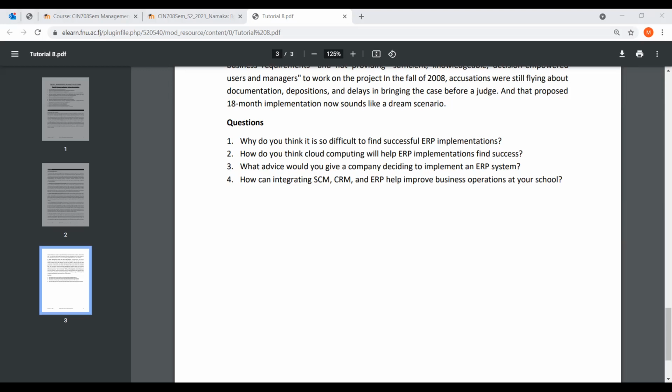Moreover, plan the requirements vividly. Vividly, V-I-V-I-D-L-Y, okay? That means clearly or coherently.